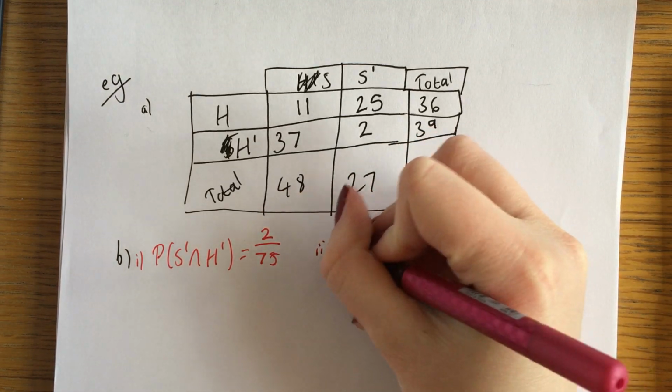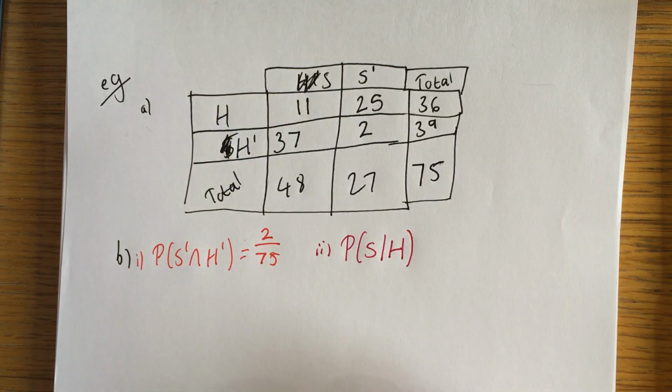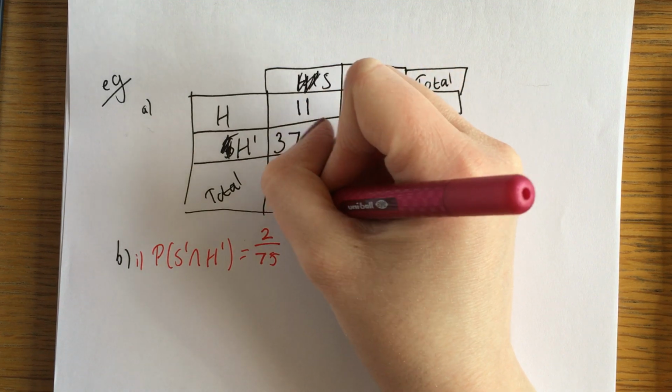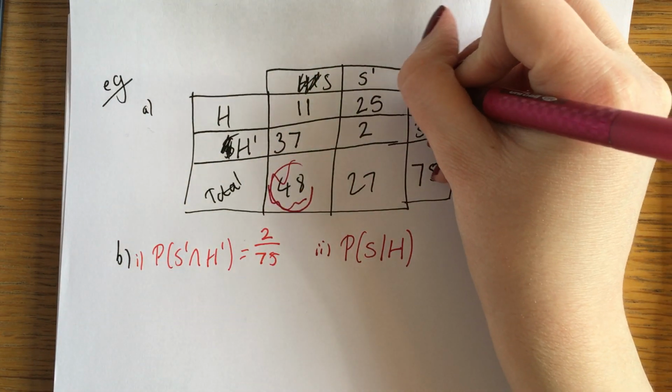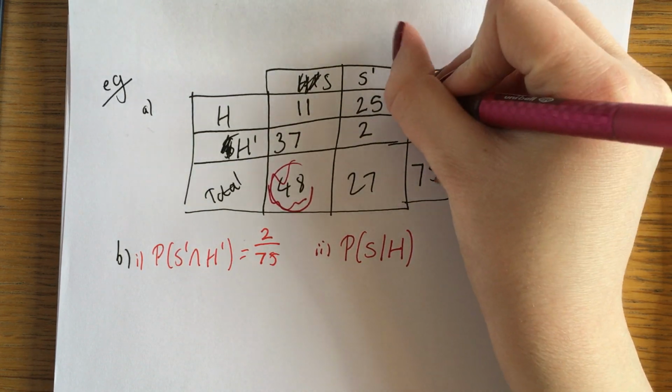Part 2. Find the probability that they study science given that they study humanities. So the total students that study humanities is here, not there. That's me reading my table wrong. I was looking at total science.